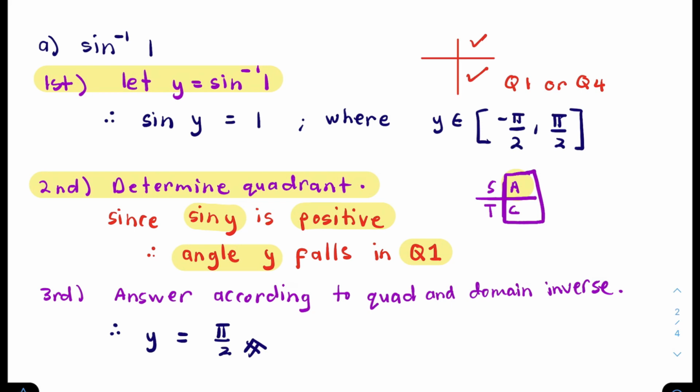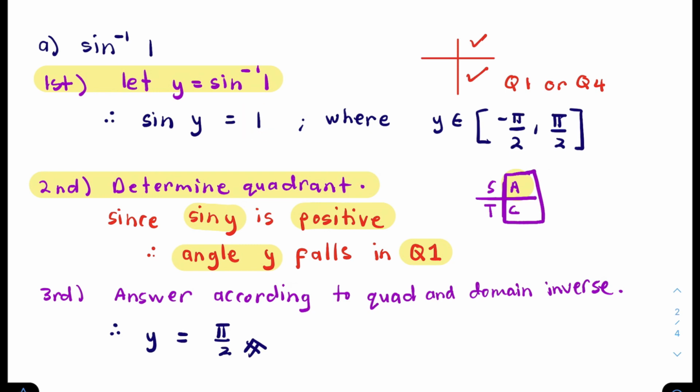Now, the third step is that you answer the question. You must remember you are answering for sine inverse, so according to the quadrant and also the domain of the inverse. Since your Y is between negative pi over 2 and pi over 2, and it falls on quadrant 1, when does sine Y equal 1?